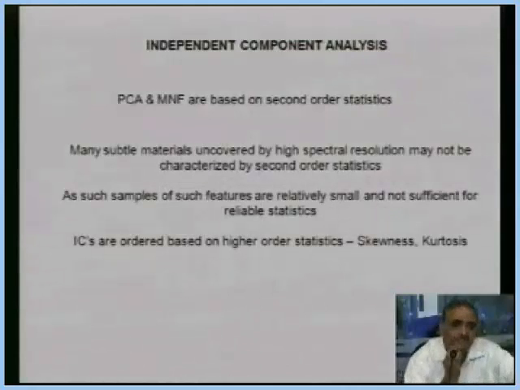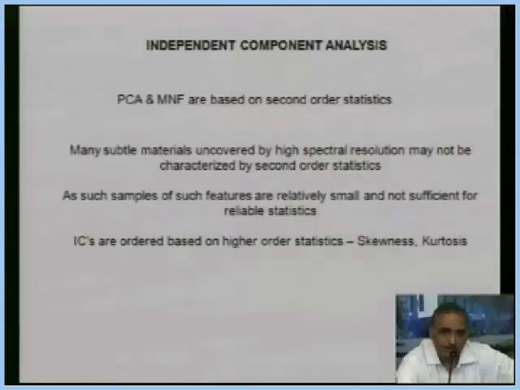The next thing which has been recently talked about is independent component analysis. As is well known, PCA and MNF are based on second order statistics, that is mean and covariance or correlation. But many subtle materials which are uncovered by high spectral resolution may not be characterized by second order statistics, because such samples may be relatively small and may not be enough in number to provide reliable statistics.